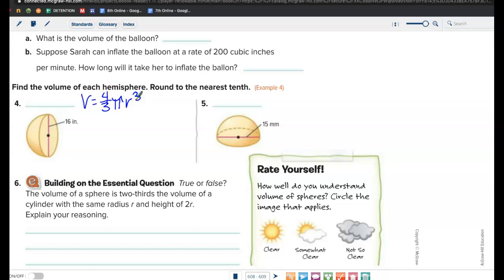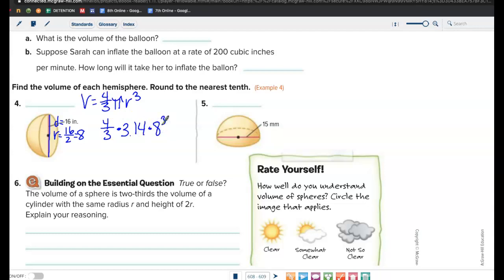So at number 4, I'm given the entire length of the circle, which is my diameter. So if my diameter is 16, my radius is half of that. So 16 divided by 2 is 8. So now I have 4/3 times 3.14 times 8 cubed.